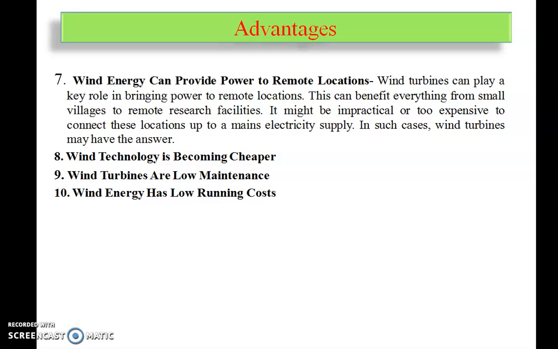Wind turbines can play a key role in bringing power to remote locations. This can benefit everything from small villages to remote research facilities. It might be impractical or too expensive to connect these locations to the main electricity supply. In such cases, wind turbines may have the answer.